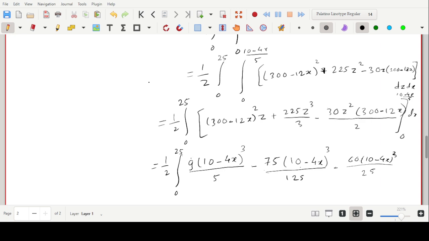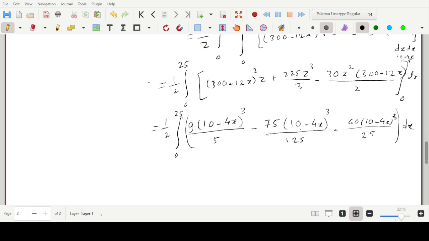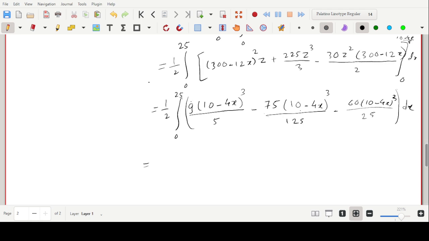So fine. So this is something that we shall have to integrate with respect to x. So possibly not the best way to do it, but the purpose of this example was to show how to set the limits of the integration in case of the solid when we are doing triple integration.